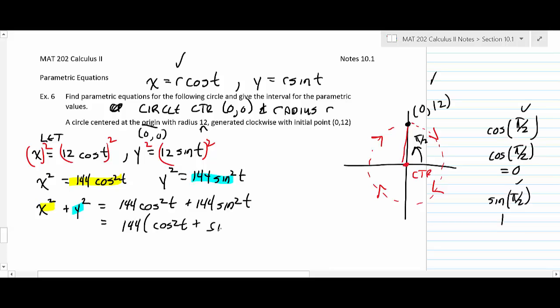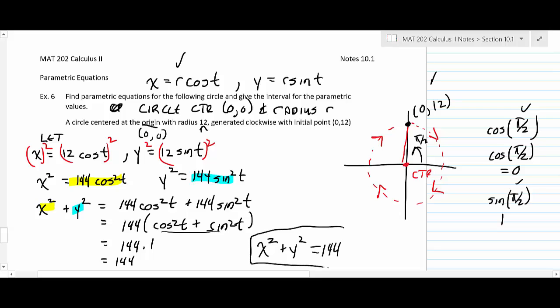Okay, so we can do that. And then, of course, this is 1. That's your fundamental identity. So you get 144 times 1, or you get 144. Okay? So that means your equation is going to be x squared plus y squared is equal to 144, like that. That's a circle that has a radius of 12, like that.